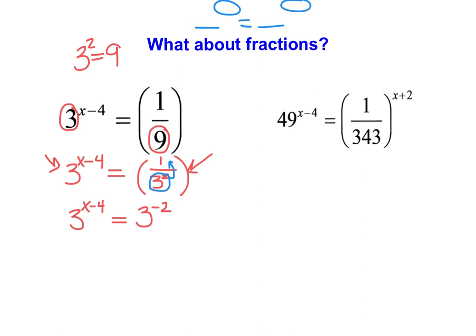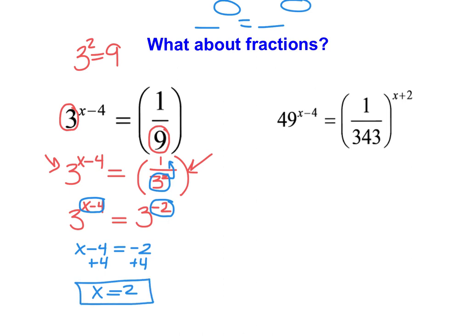And while I don't typically like negative exponents, in this particular case, it's nice because now we have a 3 as a common base in the numerator, and because of that, we can set our two exponents to be equal. So here I now have x minus 4 is equal to negative 2. I can add 4 to each side and find that the x value that makes this equation true is x is equal to 2.